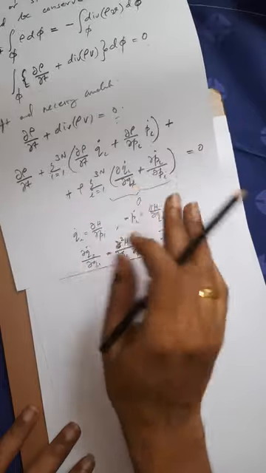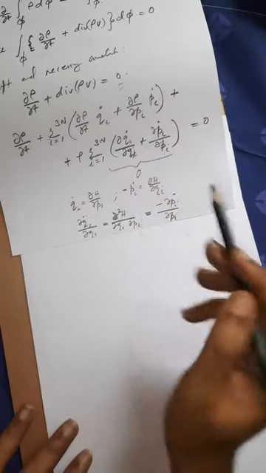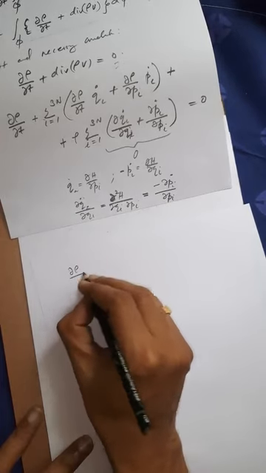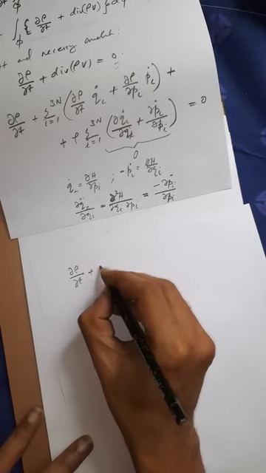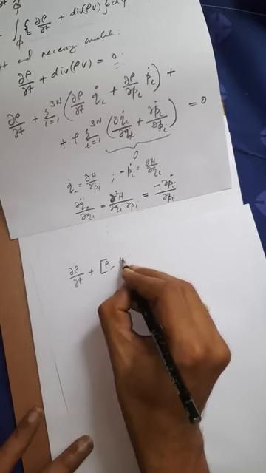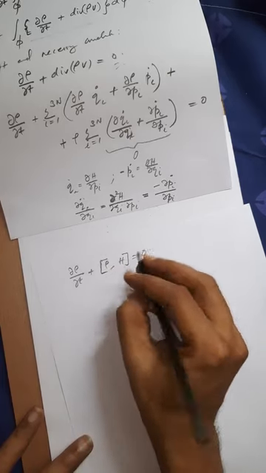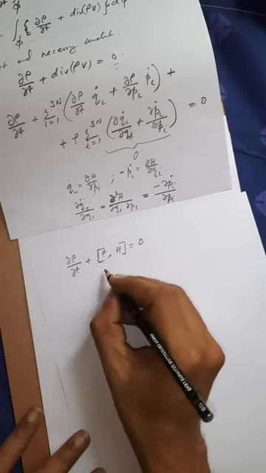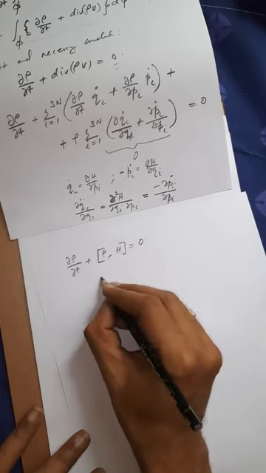Yeah, so therefore, based on this expression, now I can write dou rho by dou t plus the Poisson bracket rho h is equal to 0. What is the Poisson bracket rho h?